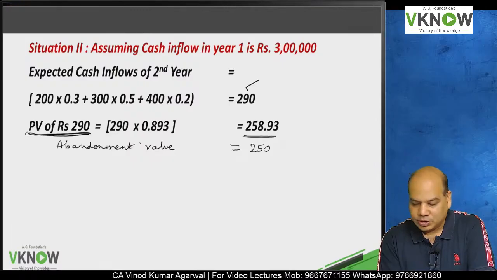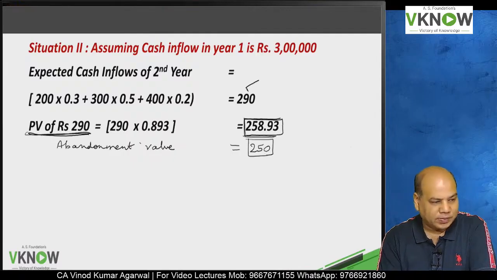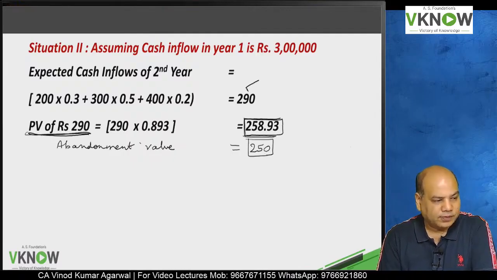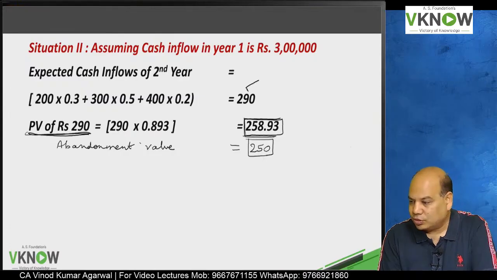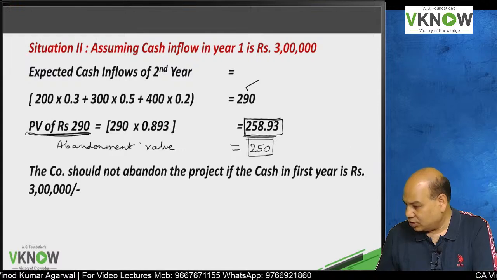Abandonment value is 250. What would you prefer? Would you prefer to continue or would you prefer to abandon? Please reply fast. The student is saying continue. You are right. Very good.